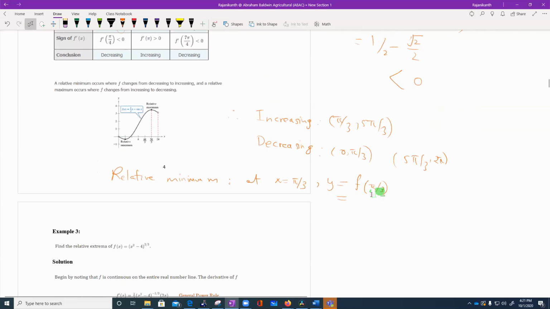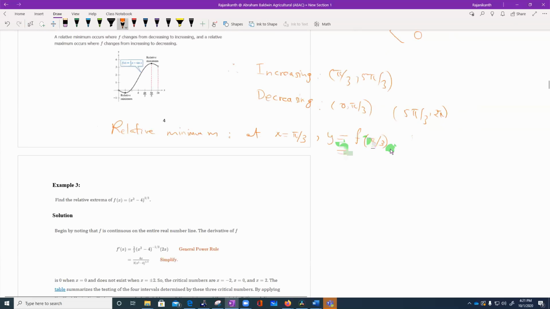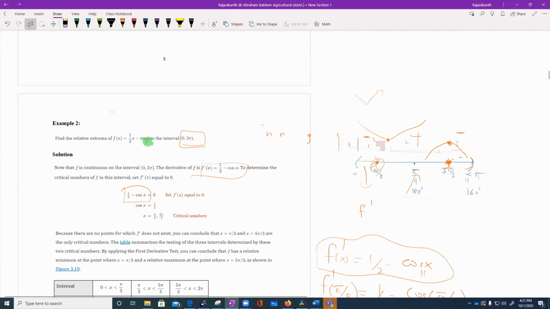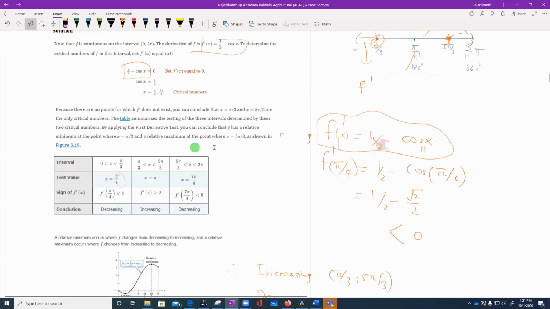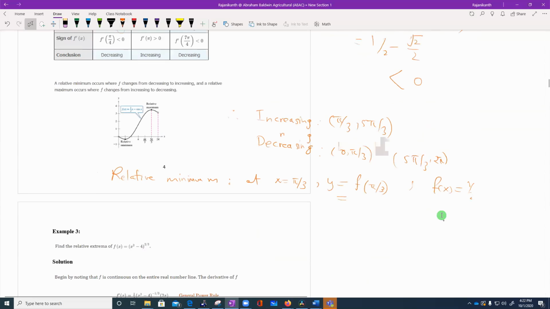So if you're plugging in pi over 3, where do you want to put it? You want to put it into the original function. Go back and check. Your original function is half x minus sine x. So half x minus sine x, this is my original function. You need to find the minimum function value, simply plugging in pi over 3.